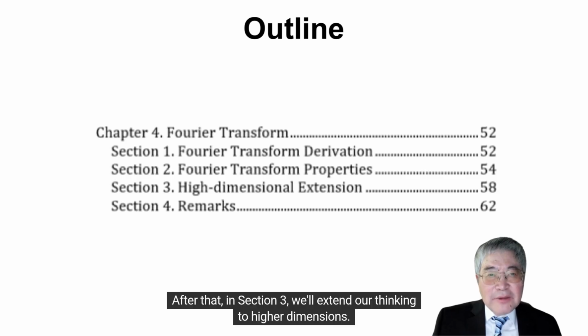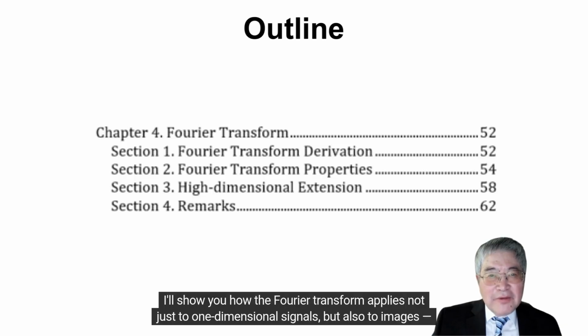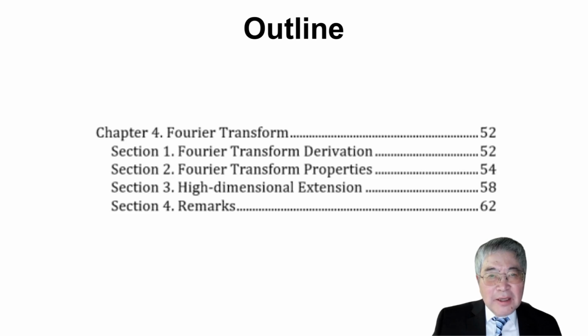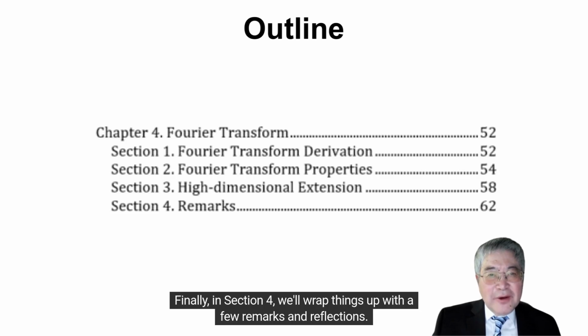After that, in Section 3, we'll extend our thinking to higher dimensions. I'll show you how the Fourier transform applies not just to one-dimensional signals, but also to images and beyond. I'll even walk you through an example where converting an image to the Fourier domain makes it easy to remove noise. Finally, in Section 4, we'll wrap things up with a few remarks and reflections.